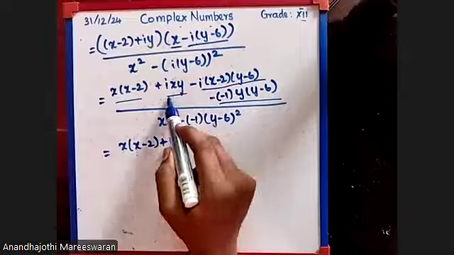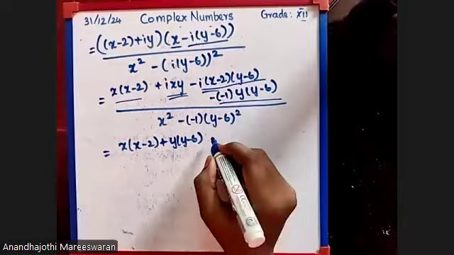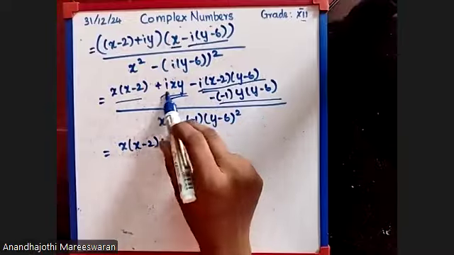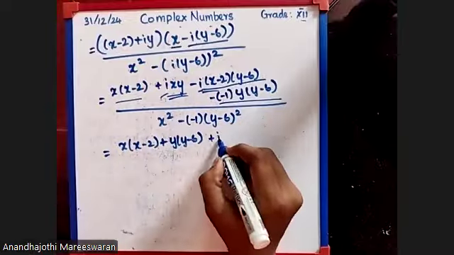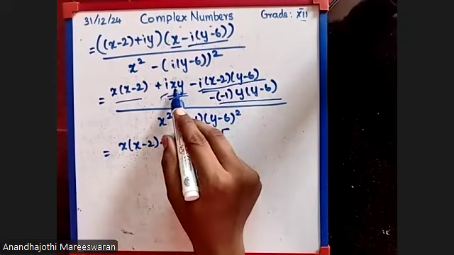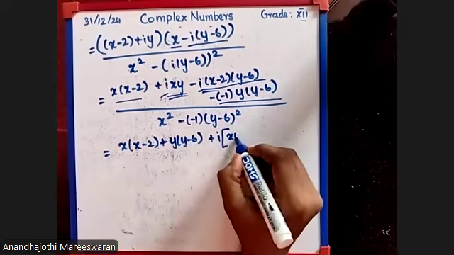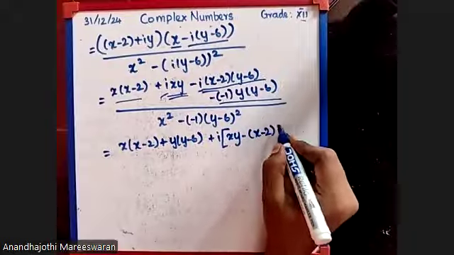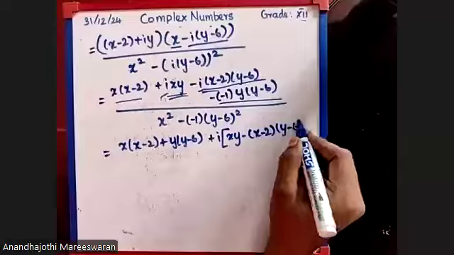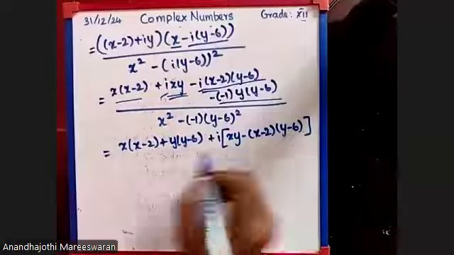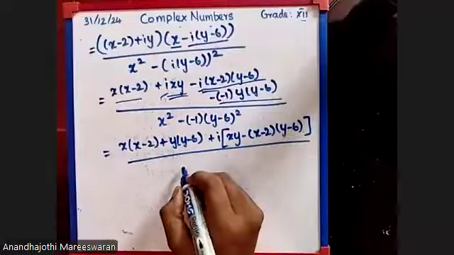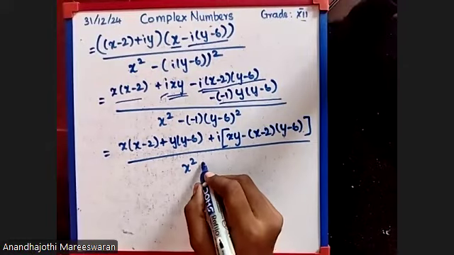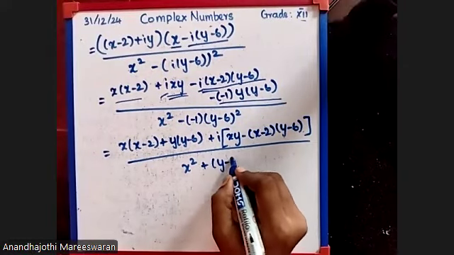These two are the imaginary parts. For both of them there lies a common element, i, so I take this out. Plus i, and who remains here? xy minus x minus 2 multiplied by y minus 6. The entire thing has the denominator x squared minus of minus 1, so plus y minus 6 the whole square.